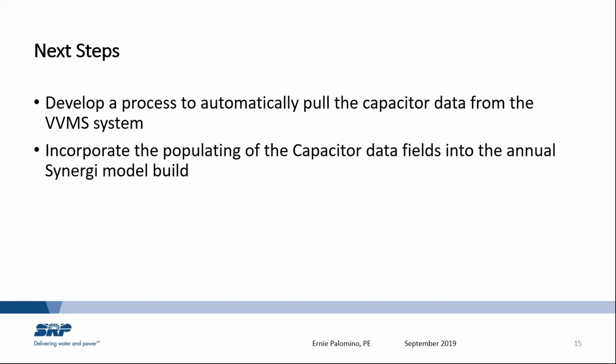So I've been working with our cap techs, our distribution operations center, in order to get that data electronically in the format that we need. And once we get it, we do one main Synergi model build per year. So we're planning to get this data prior to our next model build so that we can incorporate it into our next model build.